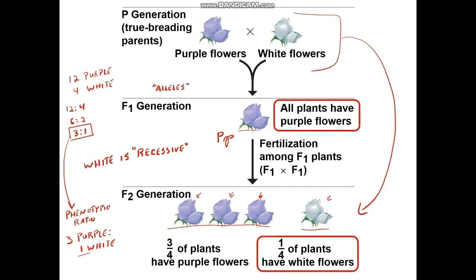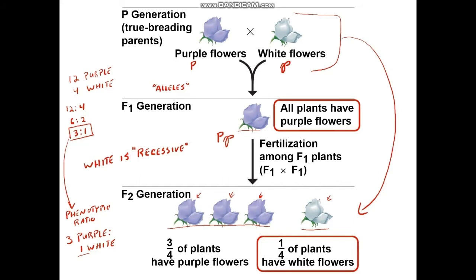Very important word to know, alleles. They can have either the dominant allele, which I'll give a capital letter, or the recessive allele, which I'll give a lowercase letter. And everything has 2.